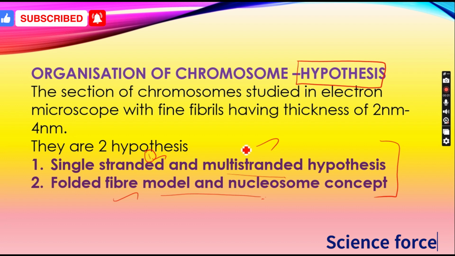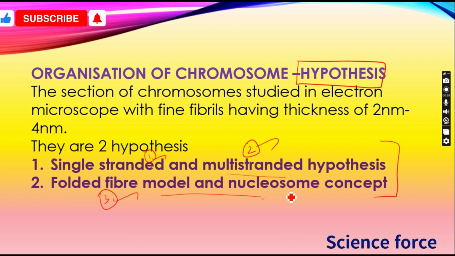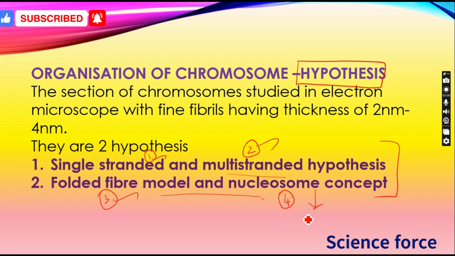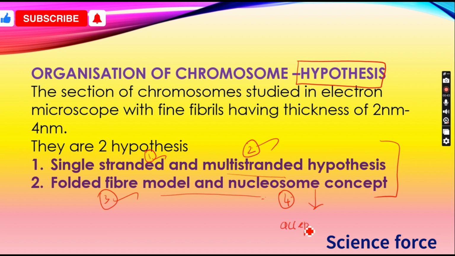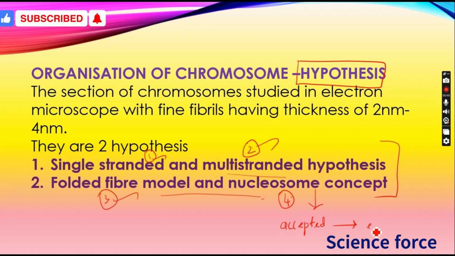This is the first hypothesis made. The second is the folded fiber hypothesis, and then the nucleosome concept hypothesis. Among these, the nucleosome concept hypothesis is the accepted one. With the evidence, it was proved. So, this is the accepted form of hypothesis.